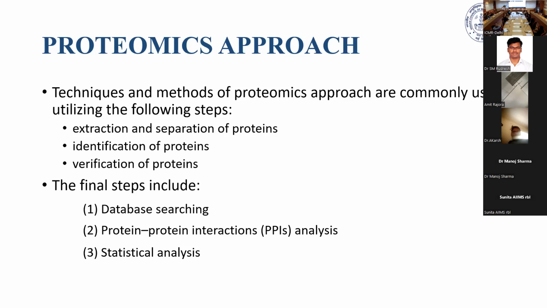For example, if you already have some preliminary data and you want to verify, then we are only looking at verification of proteins. But if you're looking at identification of a totally new marker, then you have to start from scratch. First, there has to be extraction and separation of the proteins, identification of the proteins, and then verification of the proteins.